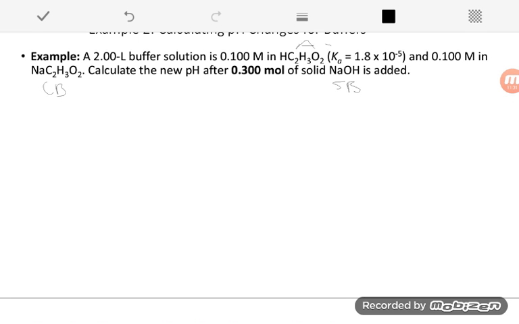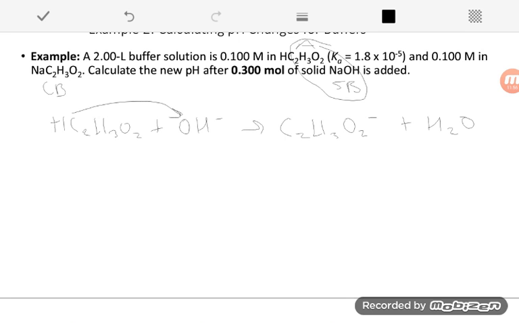I'm adding a strong base, so it's my acid and strong base that are going to react together. So I'll write an equation for that. Again, we always got to write our equation. And again, I'm going to represent my strong base as just OH minus, because that's all I need. The sodium doesn't do anything. My acid is going to donate, so I end up with C2H3O2 minus, and I produce some water.